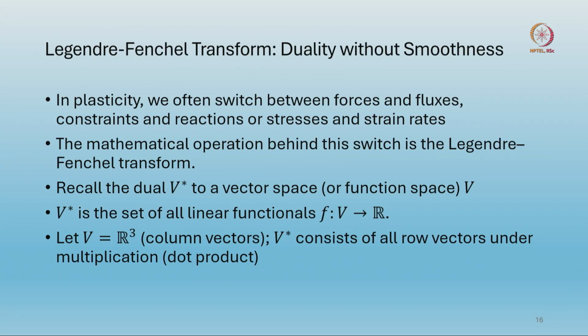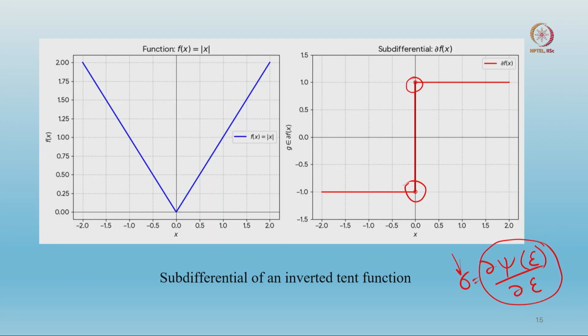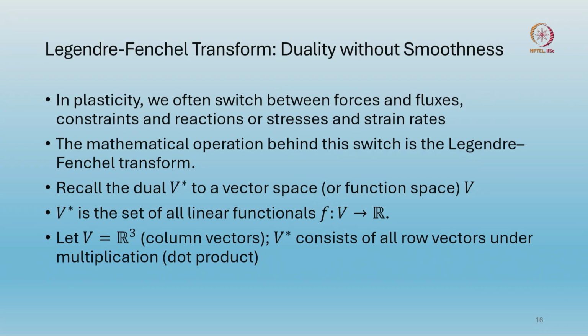Now let us talk about an important issue here, which is the most important pivot in understanding this convex analysis, which is the Legendre-Fenchel transform. So in plasticity we actually often switch between two conjugate variables.